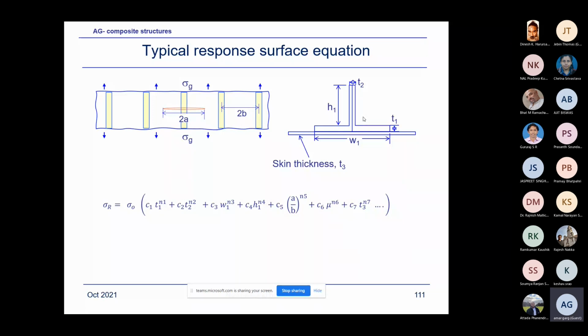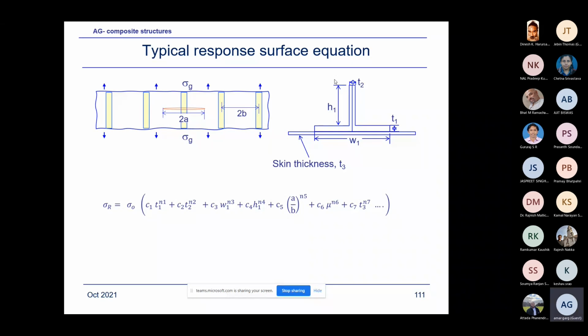Once you have developed your analysis tools, then you will run, say, various geometries, various parameters of the stiffeners, skins, and develop the residual strengths for each of those combinations. Using that data, there are now programs available, we call response surfaces.